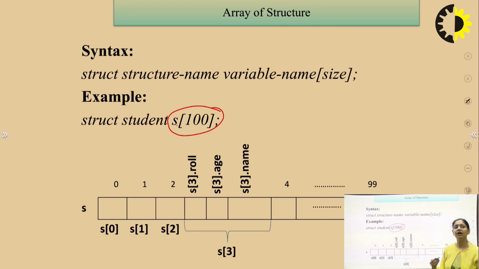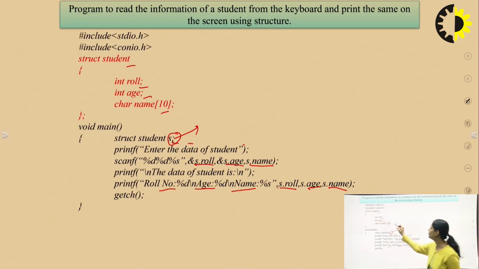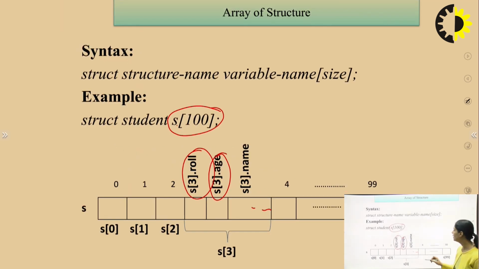Now how will the values be initialized? For the first one, suppose we are taking S3. S3 will have a separate space for roll number, age and then the 10 elements, like the memory storage for name was 10. So we have the memory storage of 10 over here for name.